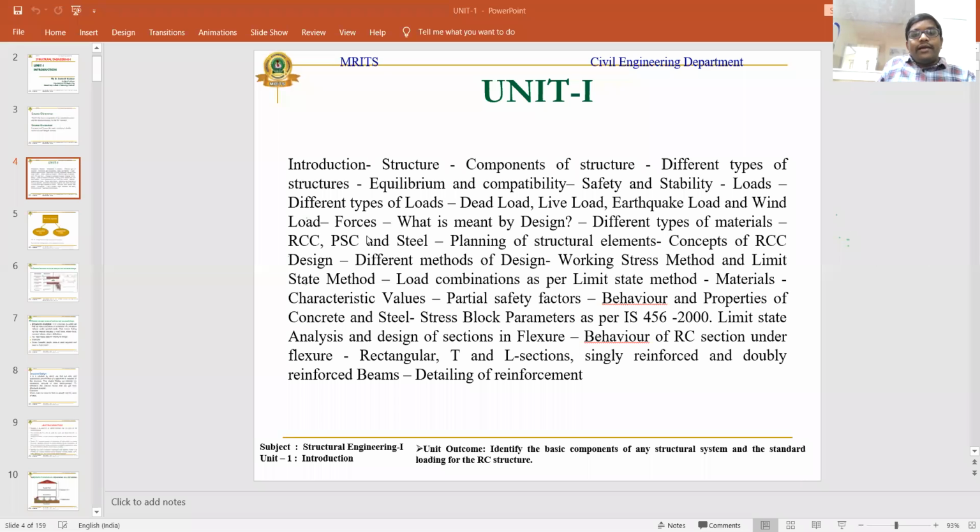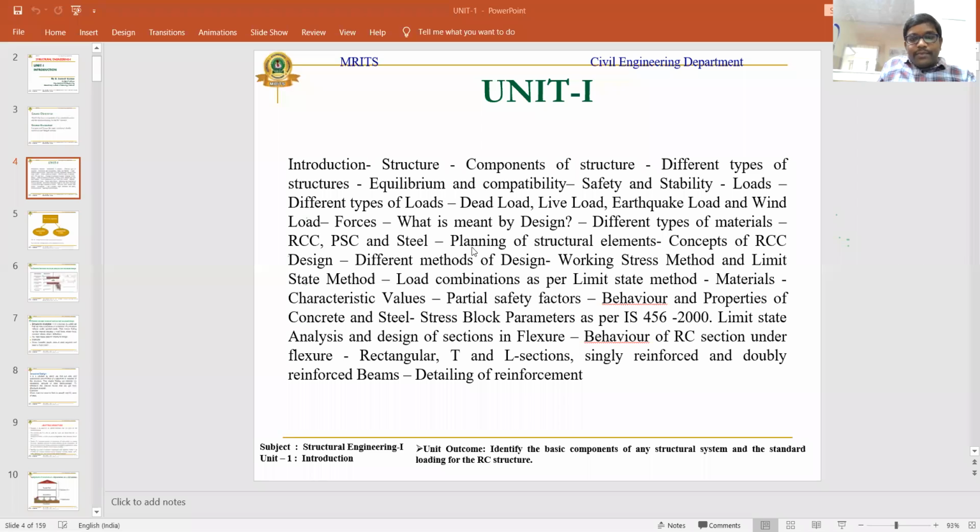The diameter of bars ranging for PSC is 2.5 to 32 mm we can use, and for RCC we can use 6 mm to 32 mm. The 6 mm bar comes under the mild steel grade, and above that 6 mm we can use high yield strength deformed bars. So there is a difference between the construction of RCC and PSC.